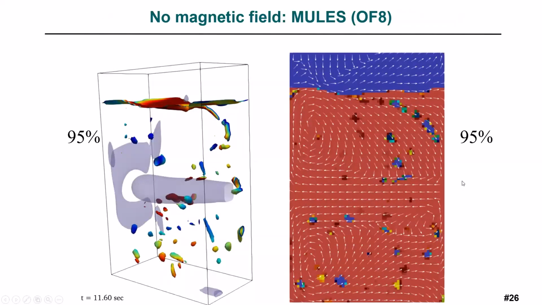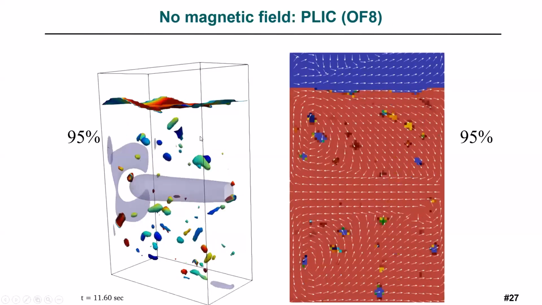First I compared just the non-MHD case without magnetic field. Here I scaled the volume of fluid to 95%, so that we can see some small bubbles which actually come from numerical diffusion.